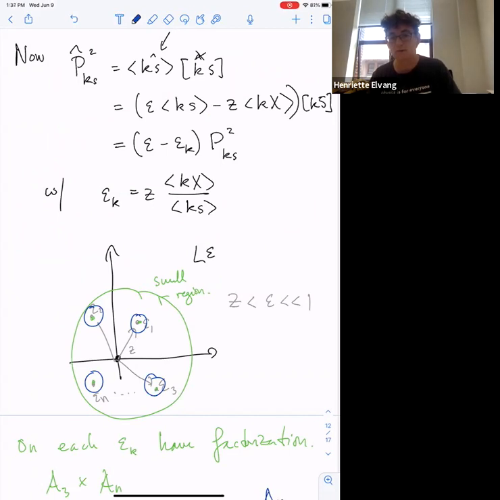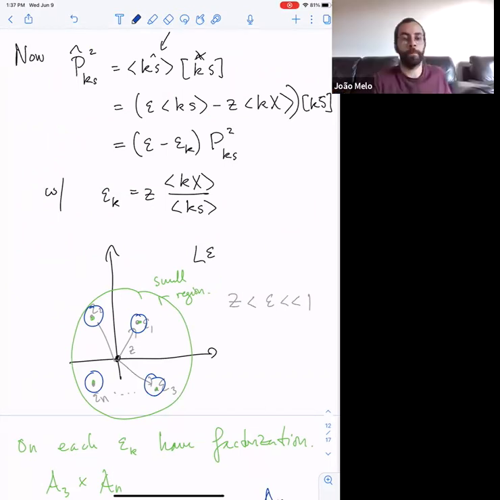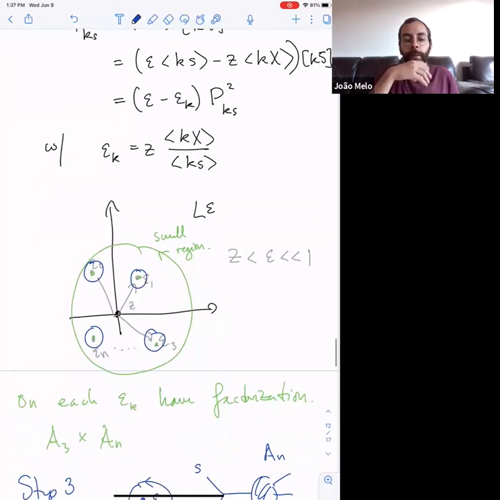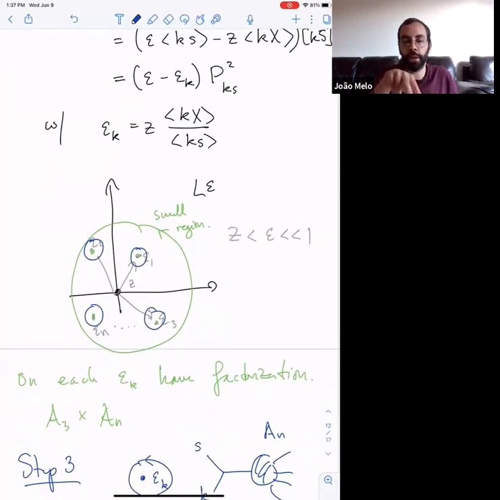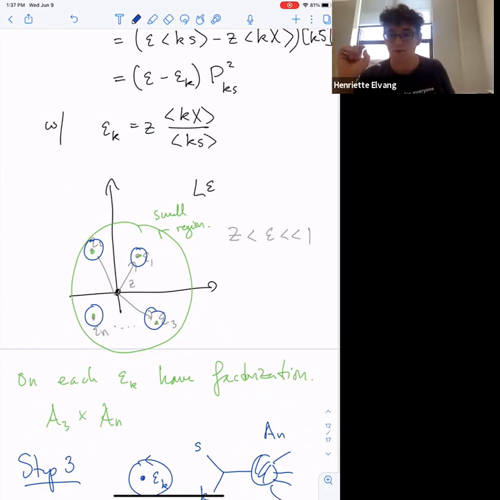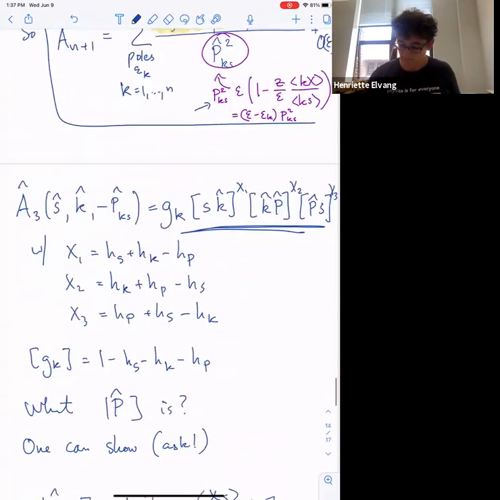But in the limit where I take epsilon to 0, I need them to all go back to 0, basically. Okay, that makes sense? But in the derivation of the factorization, Z and epsilon are completely arbitrary from that point of view. It's only at the poles they have a relationship. Very good.